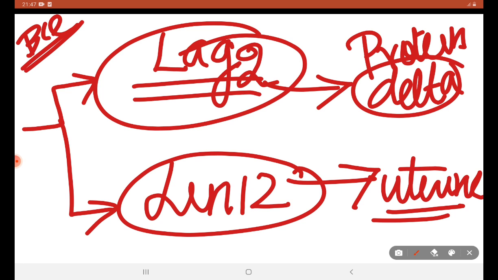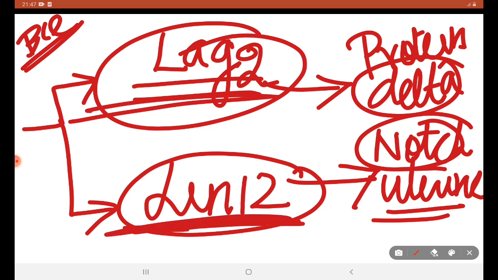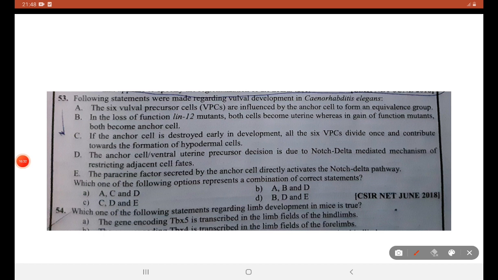This acts as a protein, this acts as a receptor. So consider this as a concept. When LIN-12 is not present, when LIN-12 is mutant, will uterine be formed? No. When LIN-12 is mutant, both the cells become uterine, whereas with gain of function mutation both become anchor cell. B is a wrong statement.